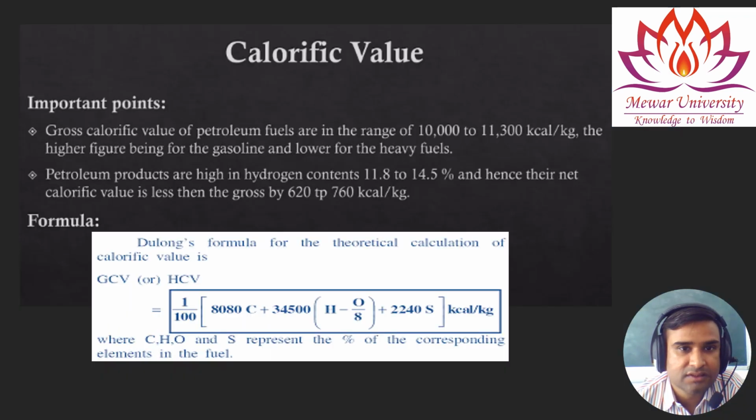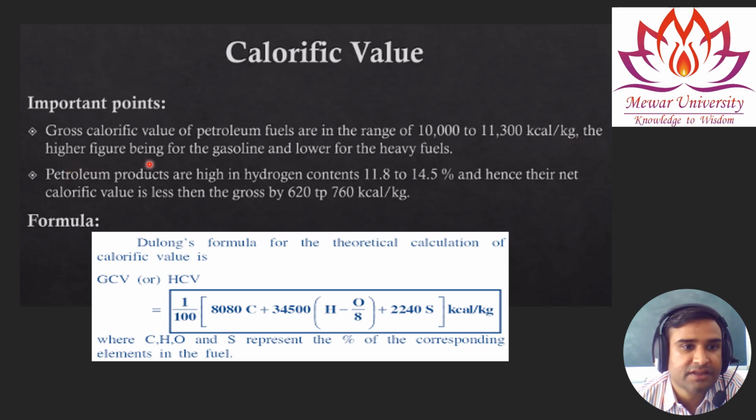Now another property of the fuel, or petroleum product, is calorific value. The gross calorific value of petroleum fuels is in a range of 10,000 to 11,300 kilocalories per kg.